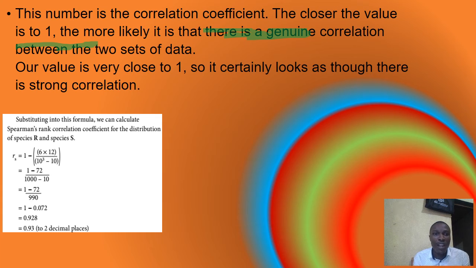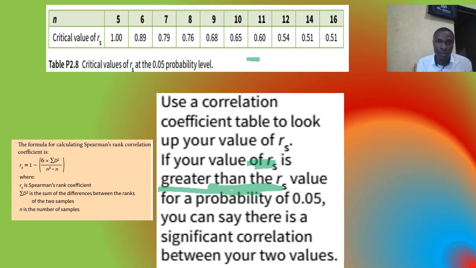So this value, you can't take it for granted. 0.93 means that for the number of species R and the number of species S, there could be some external factors that bring about that close relationship. There should be something in the environment that we shall have to discover in the next videos that I have to present.